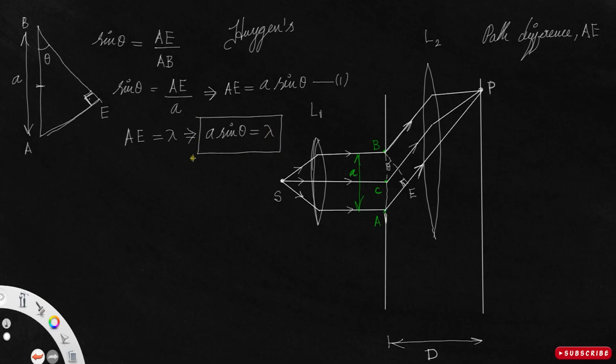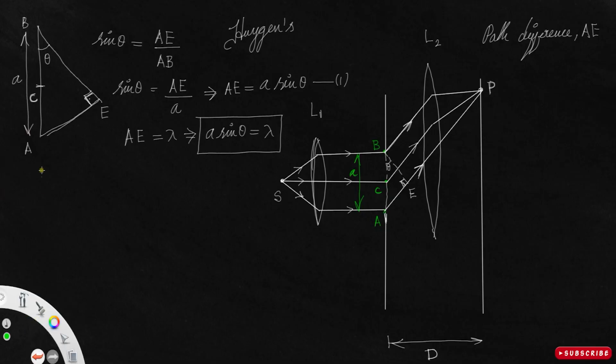I just want to check in this condition whether a bright fringe or dark fringe is formed at the point P. For that, let me break this slit into 2. Actually, we have C as the midpoint. So we have 2 half slits, BC and CA.